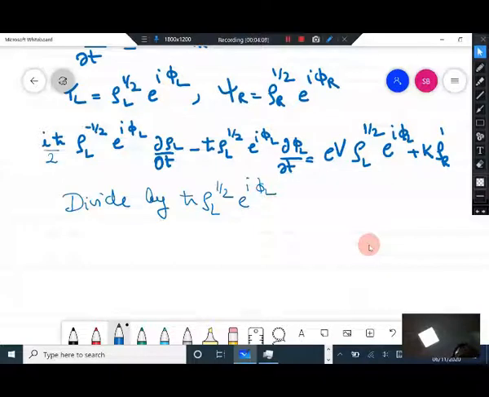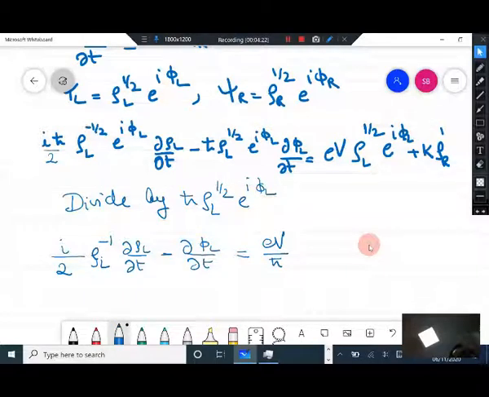So i by 2 rho L to the minus 1 del rho L by del t minus del phi L by del t is equal to EV by h cross plus k by h cross times rho R by rho L raised to half, times e raised to i (phi R minus phi L). This is what you get.